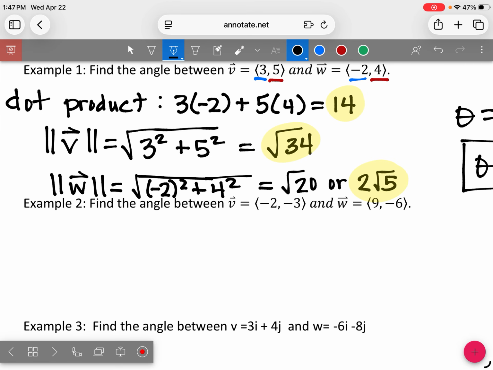Let's go on to the next one, example 2. Find your dot product first.